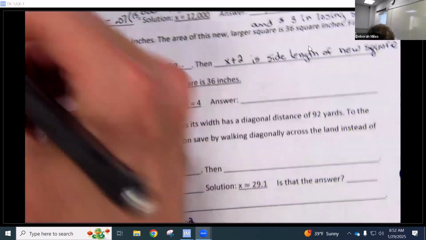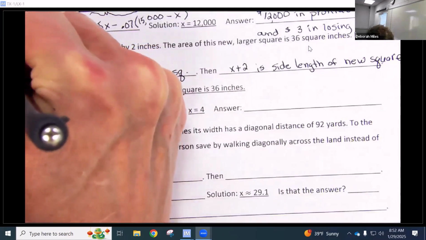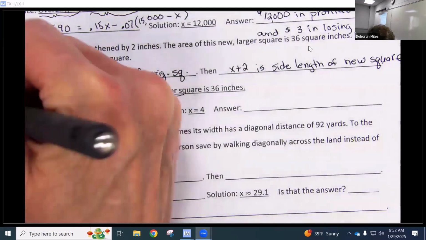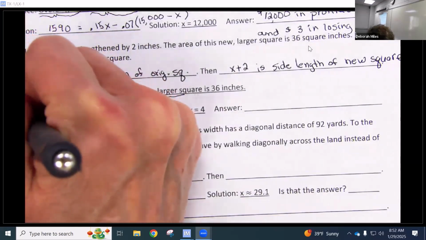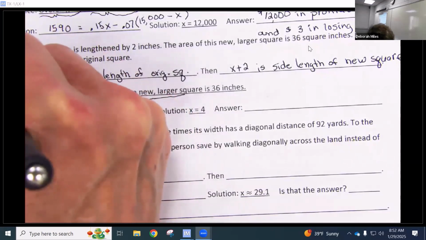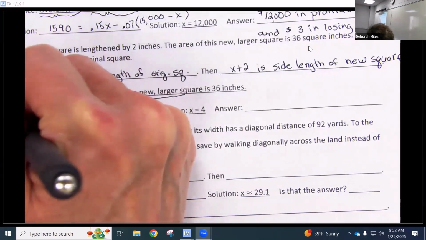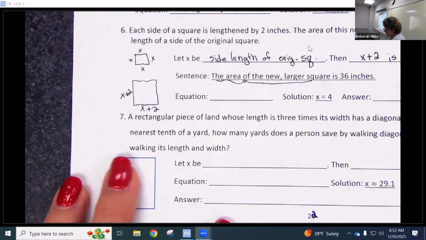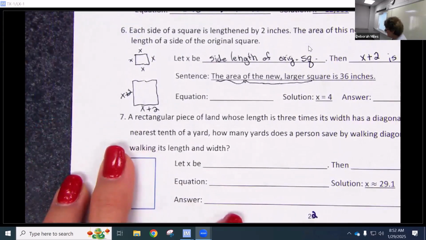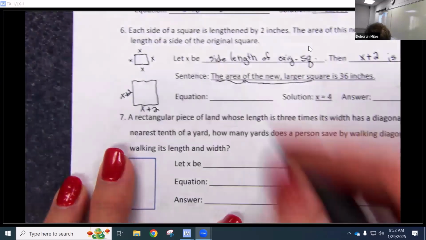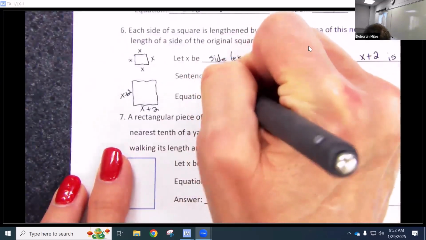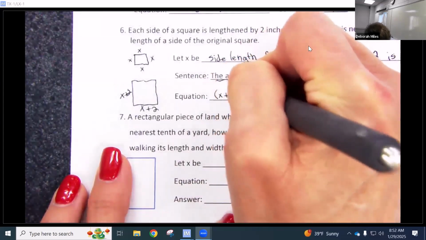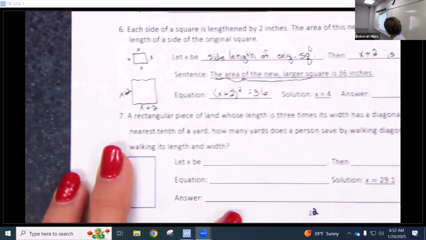Here's my original square with all sides x, and here's my bigger square with all sides x plus 2. Well, the area of a square is side times side. So x plus 2 times x plus 2, or as Nathan said, x plus 2 squared is 36.